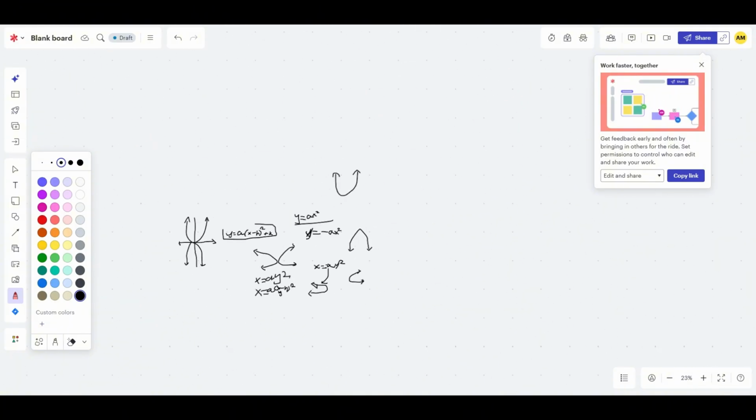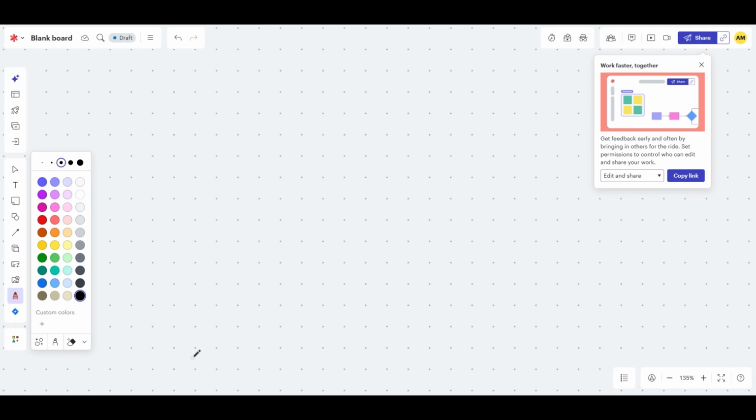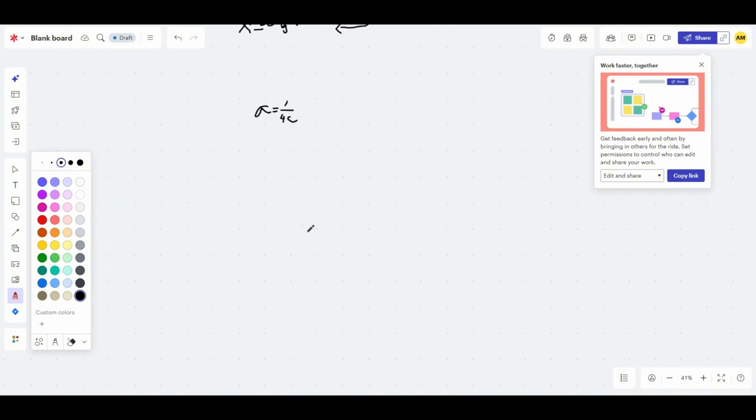So first, you see a, right? a is equal to 1 over 4c. And you could be asking, why do we need to know that a is equal to 1 over 4c?